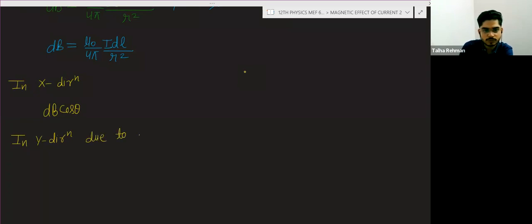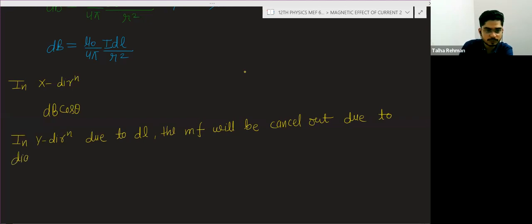the magnetic field cancels out due to the diametrically opposite identical element.